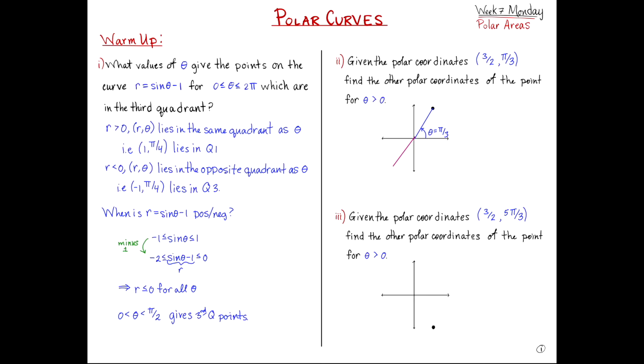Measuring from the positive x-axis, that tells us we should add pi to pi over 3, giving us theta equal to 4 pi over 3, giving us the point (negative 3/2, 4 pi over 3).